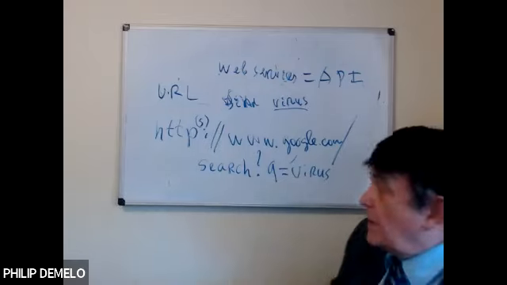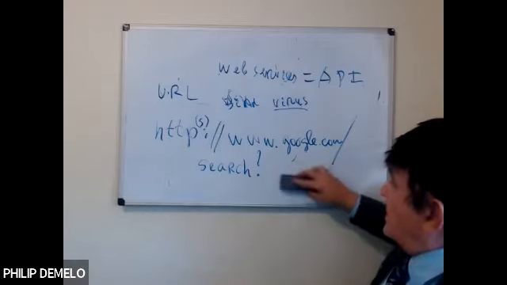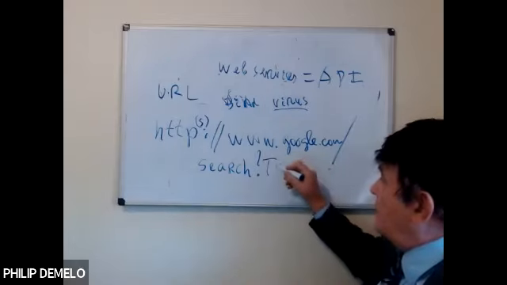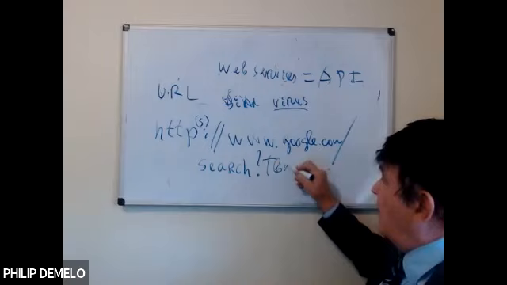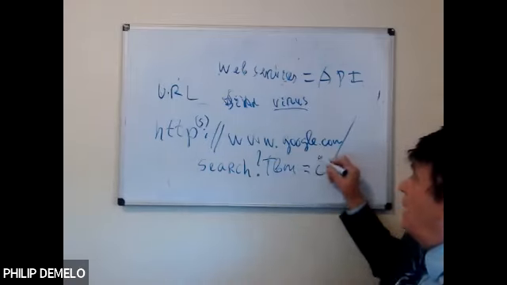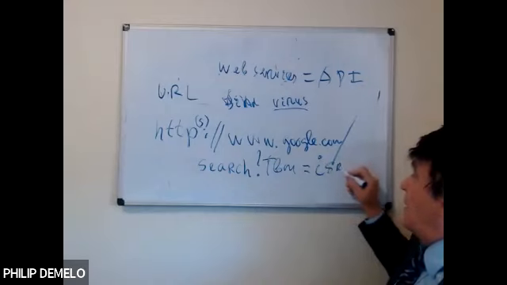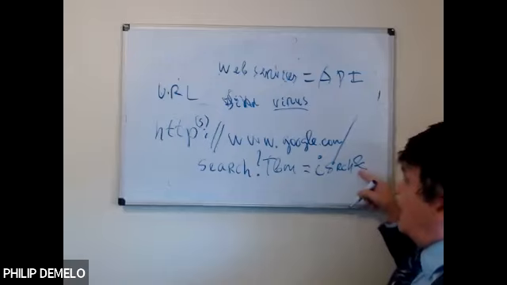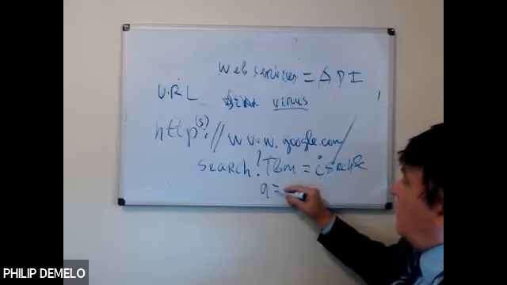Regarding images, it is very easy to put here image, for instance. For images, I have to put here tbm, equals isch, which is image search. Then I put this sign, the ampersand, and then q equals virus.